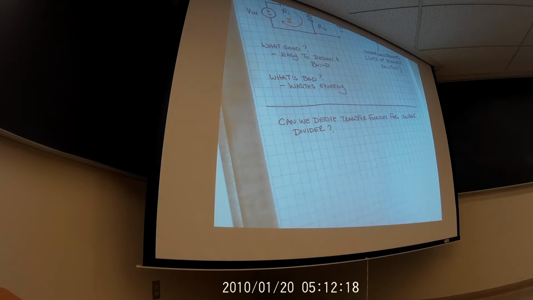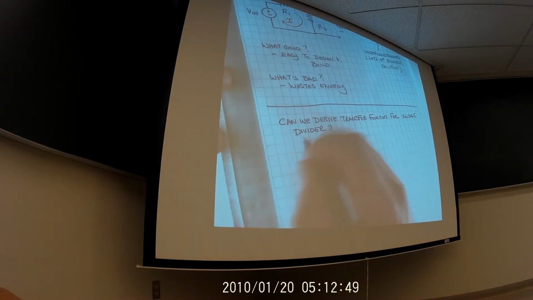So first off, are you guys familiar with the term transfer function? Transfer function is simply a term that refers to the input-output relationship for a component or for a circuit or anything. Normally, it's described in terms of a magnitude and a phase shift, but this is DC, so we don't.